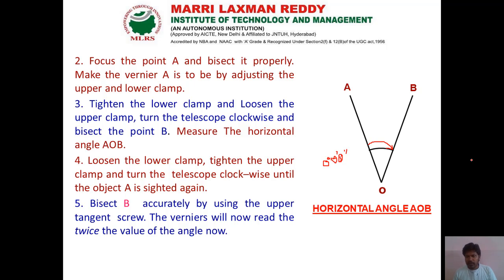For example, in vernier A I am getting 60 degree, 0 minutes and 00 seconds. I have to list that out in a table like this.